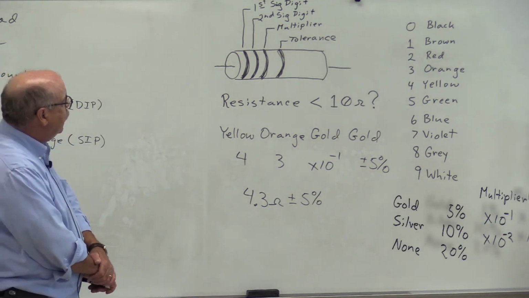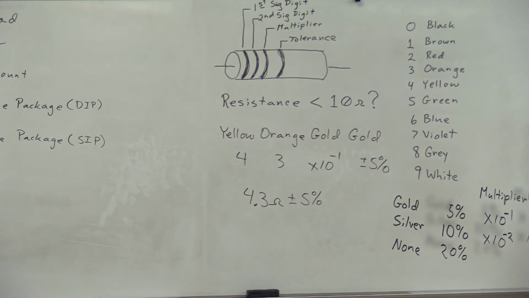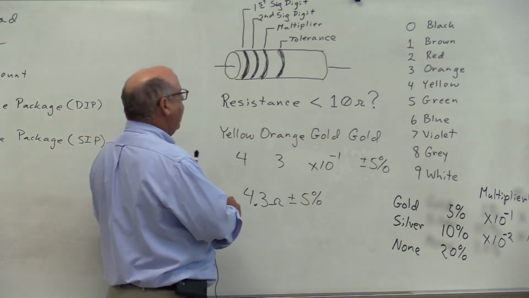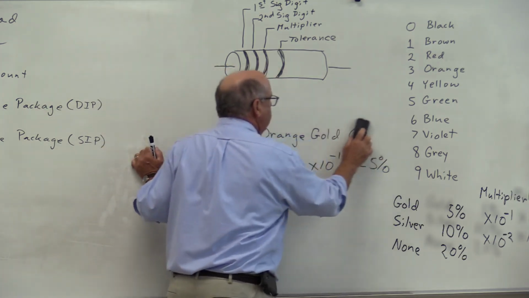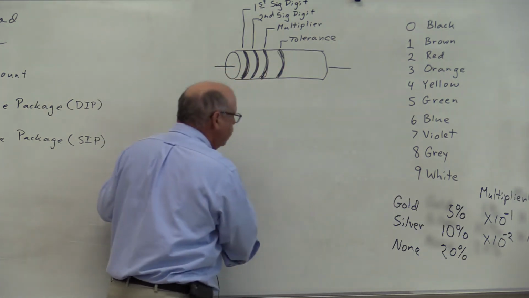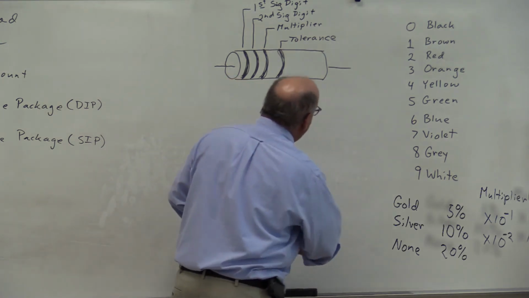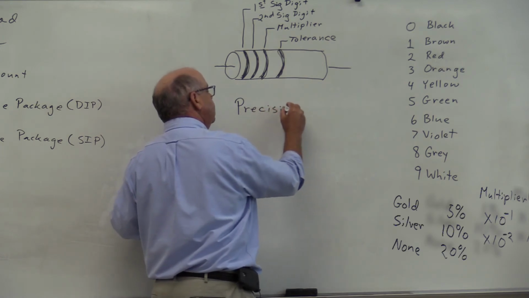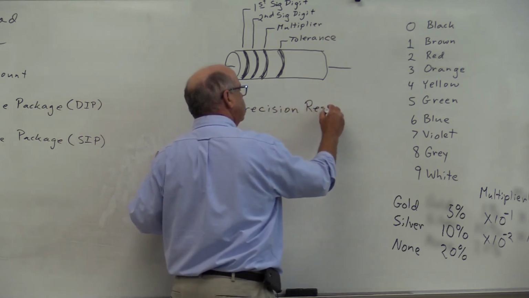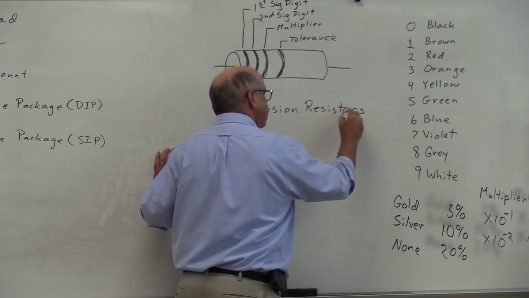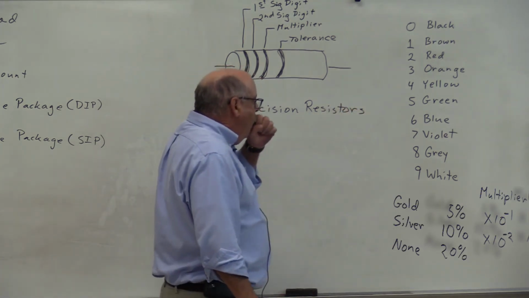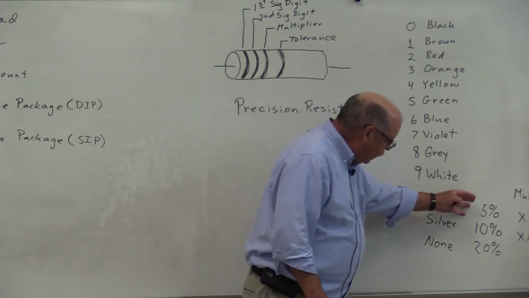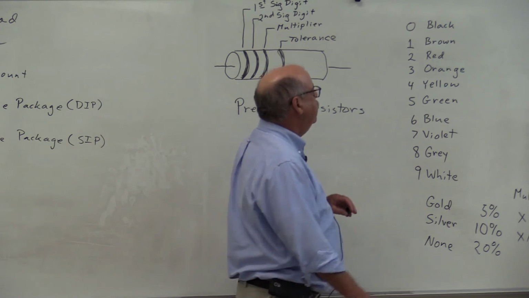Now, with some metal film resistors, we can build resistors that have tolerances much smaller than 5%. So we can construct what we call precision resistors. Now, we have to use something besides gold or silver to denote the tolerance.